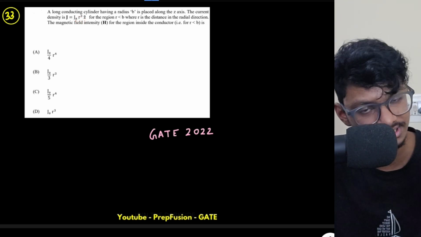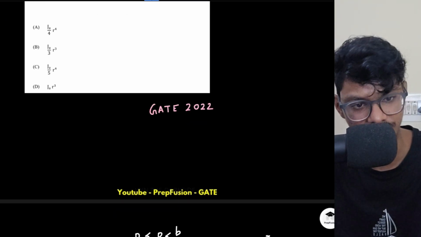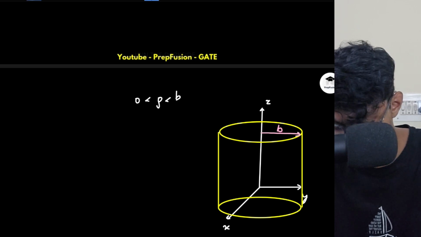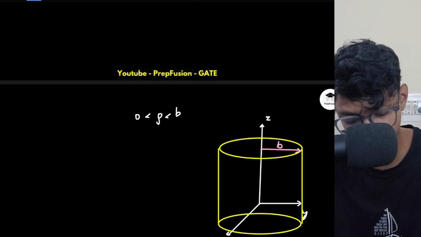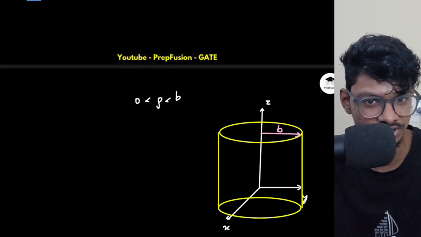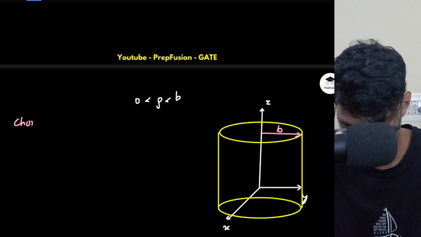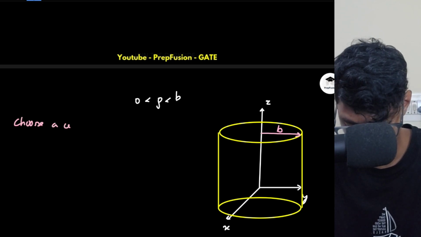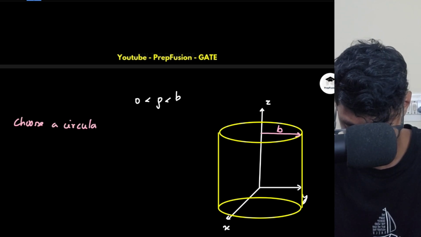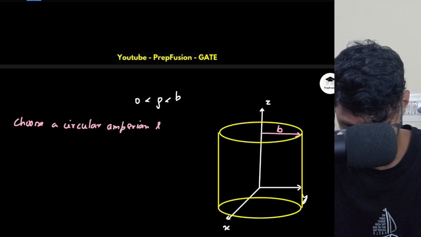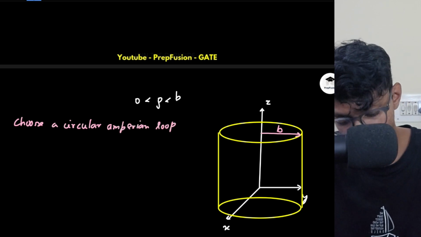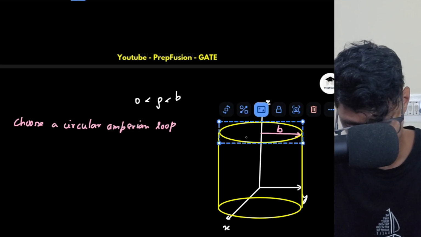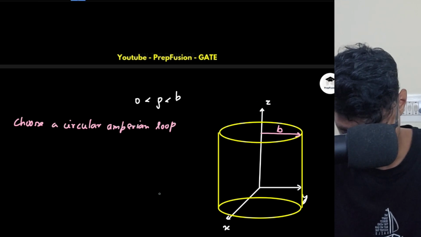For me, the radial distance is rho, simple cylindrical coordinate system. In most cases you have to choose either a square Amperian loop or a circular Amperian loop. So I will choose a circular Amperian loop. Now if a circular Amperian loop is chosen, I will just copy and paste this.